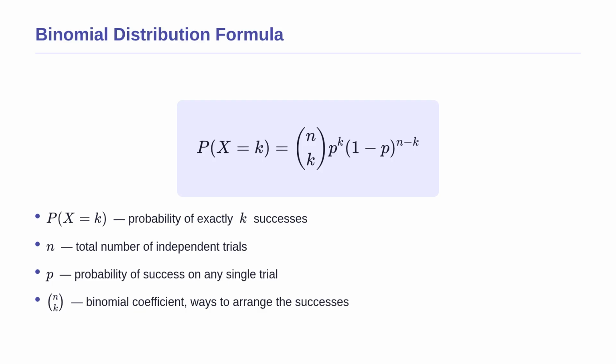The term 1 minus p represents the probability of failure. Finally, the binomial coefficient calculates all the different possible ways we can arrange those successes among the trials. If you increase the number of trials, n, the spread of possible outcomes becomes wider, and increasing p shifts the most likely number of successes higher.